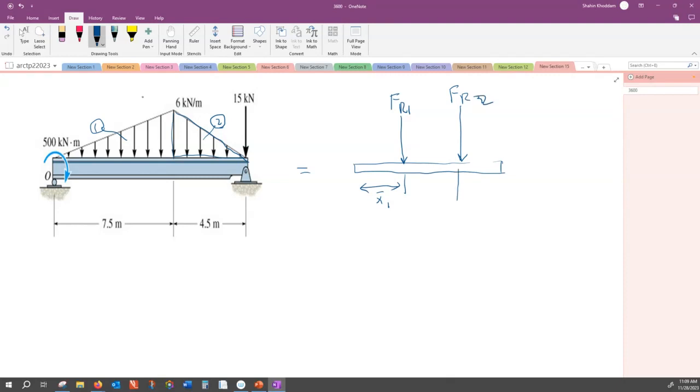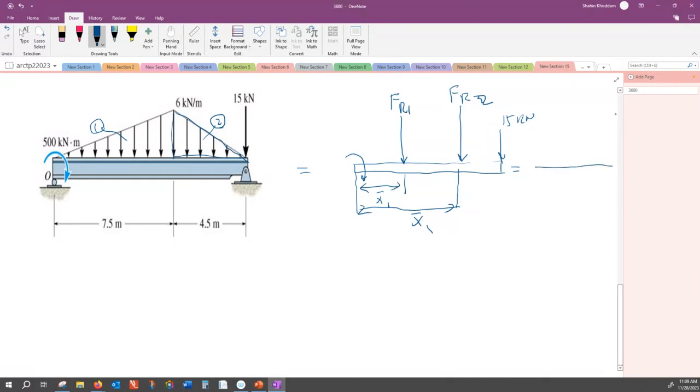And this line of action, I want to measure it from the same reference, from the same beginning, that is X bar 2. And of course, here I've got a moment, I've got a point load here, and then I simplify that further.